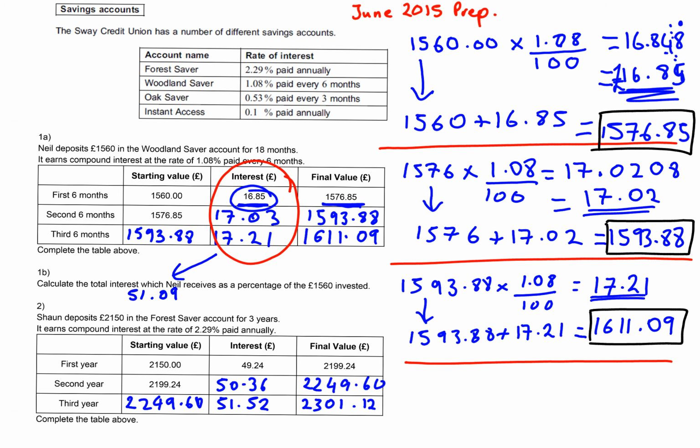I've just added all these up. The total interest, that's the interest column, which he receives as a percentage of 1,560. So that's the interest he earns over his money, which is 1,560. Because it says as a percentage, we times by 100. And that will give us 3.28%.